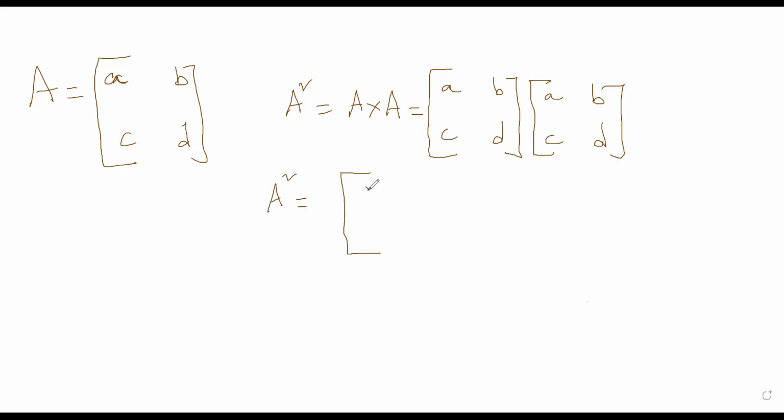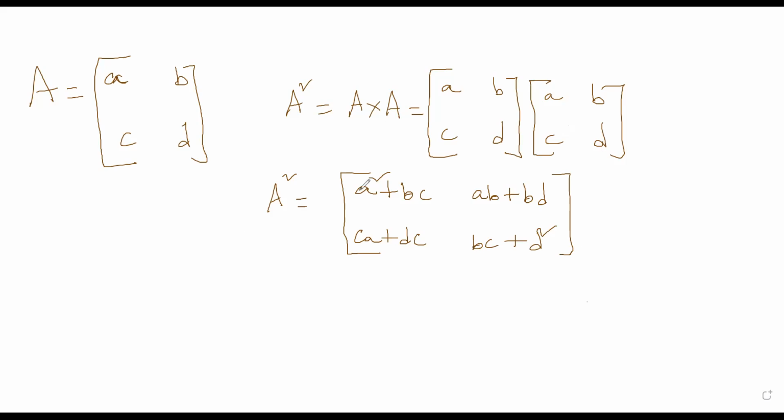So A into A, A square plus B into C, BC. That's the first thing. AB plus BD. And CA plus DC. Next one, BC plus D square. I hope you got this matrix, right? Yes, I got that.